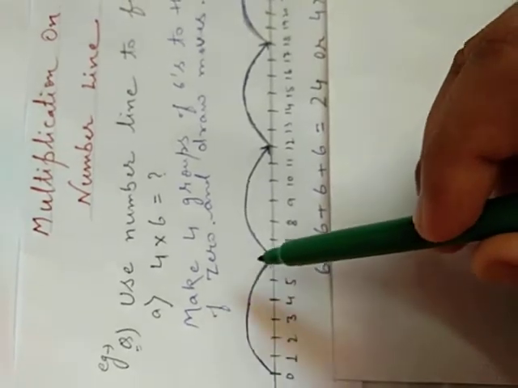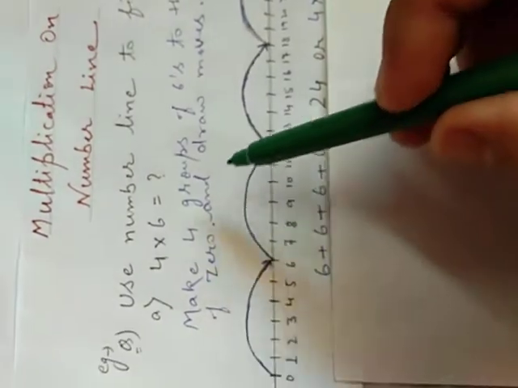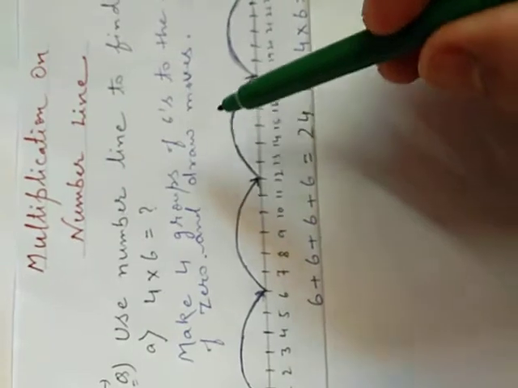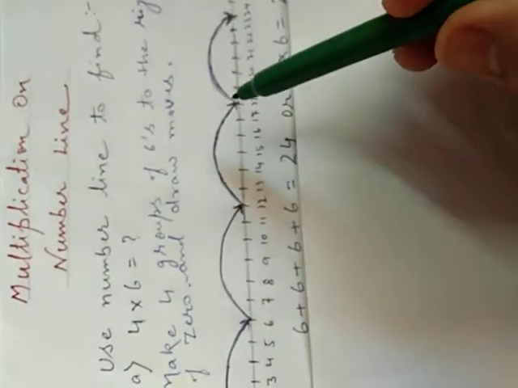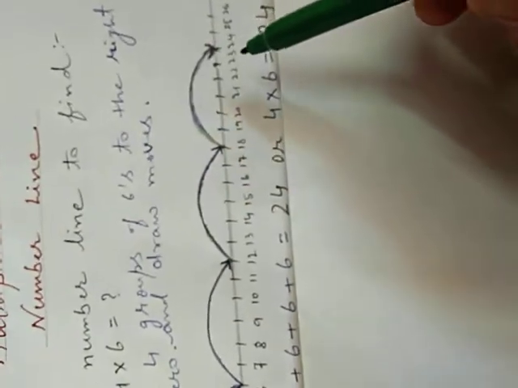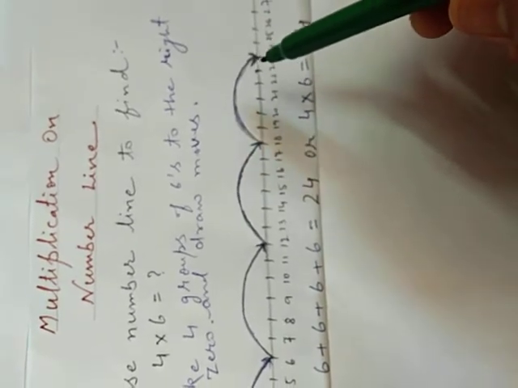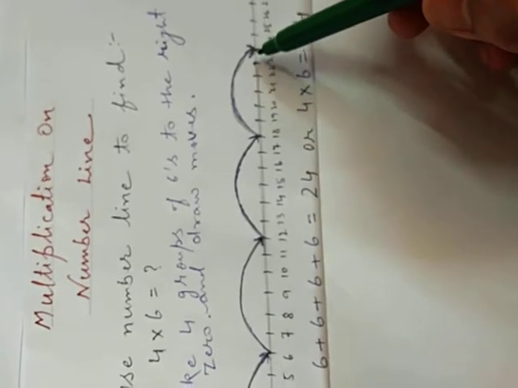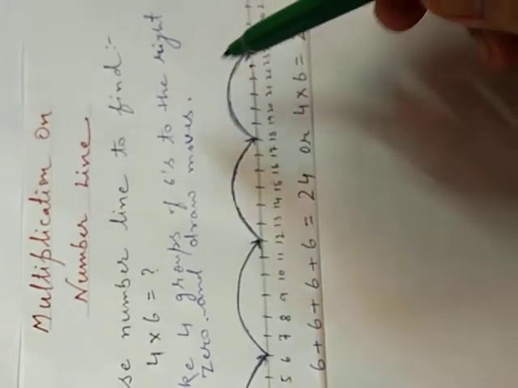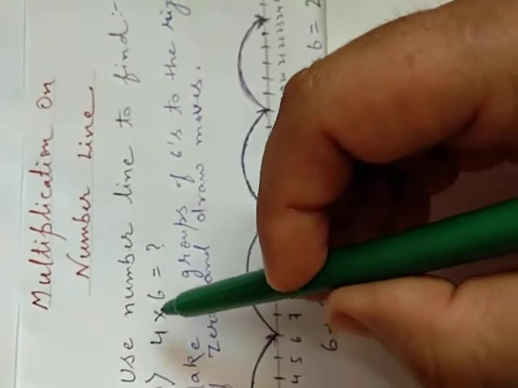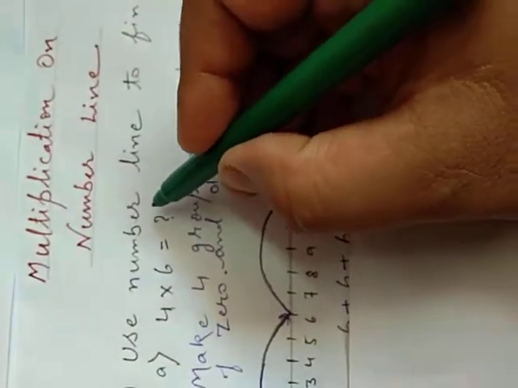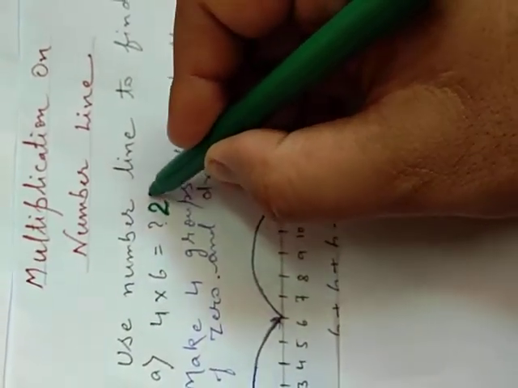In the first jump we reached 6. Second jump we reached 12. Third jump we reached 18. And fourth jump we reached 24. So at last we reached 24 on the number line. So the result of 4 multiplied by 6 is 24.